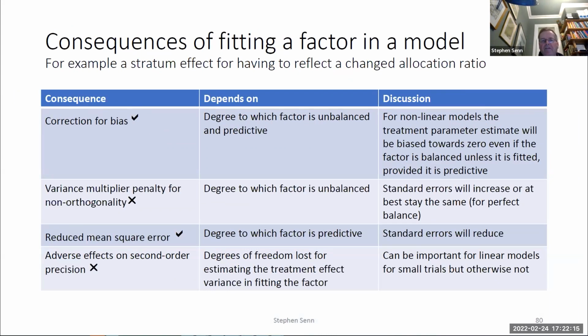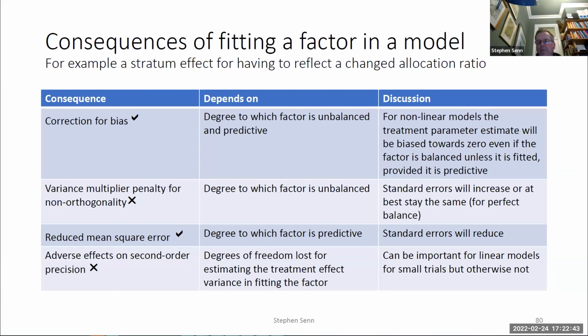So, consequences of fitting a factor in a model. It depends when you fit a factor. The following effects occur. You can correct for bias. But if the factor is unbalanced, then inevitably there is some sort of penalty for non-orthogonality. So there will be some inflation of the variance, sometimes referred to as the design effect.